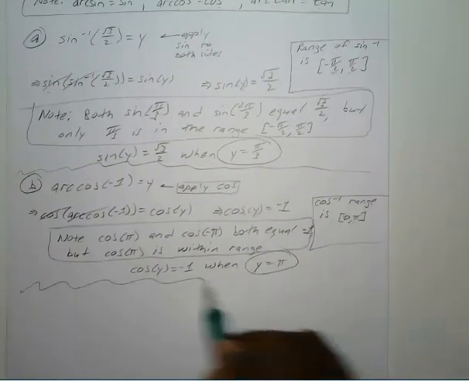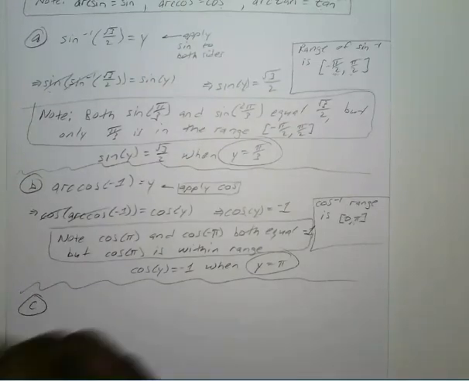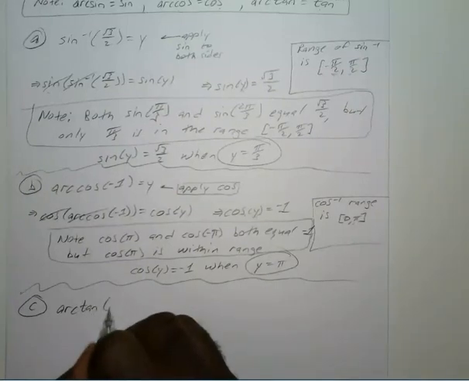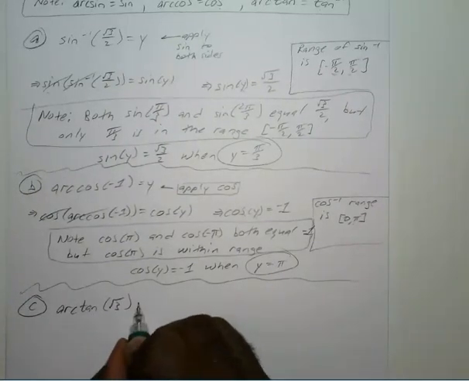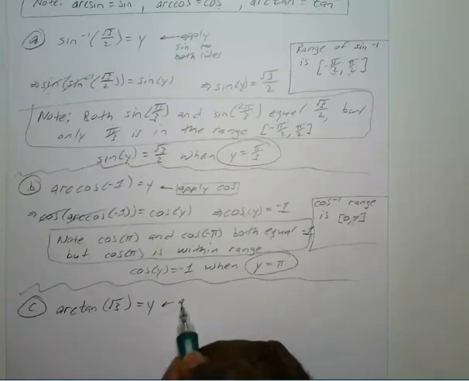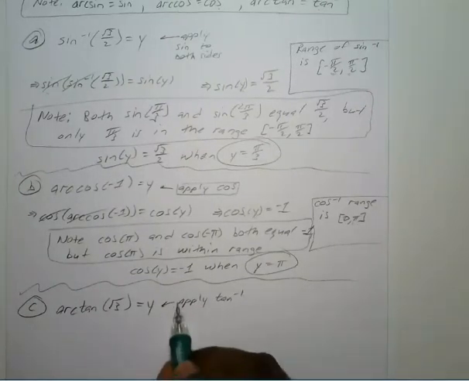Okay, so let's go ahead and do C. If we have arctangent of square root of 3, we just make that equal to some value y. On this one, of course, we apply tangent to both sides.